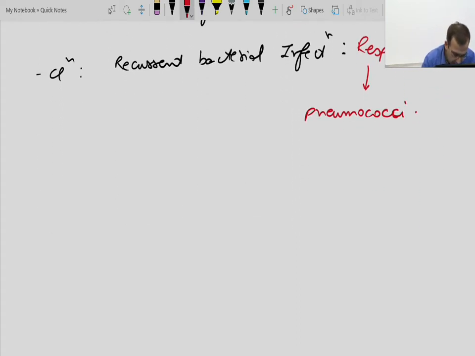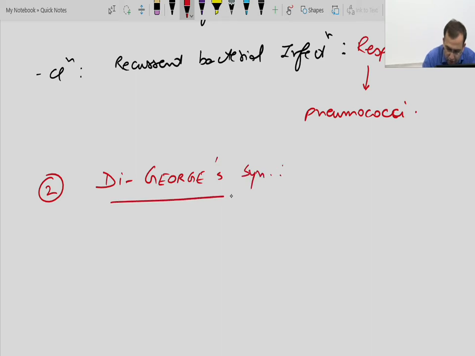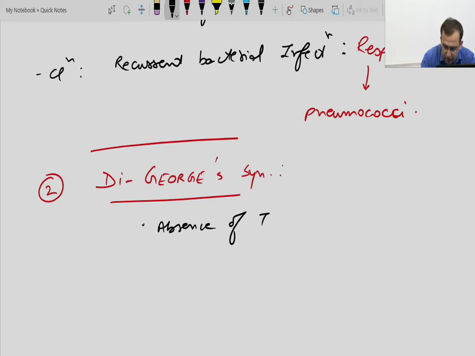So this gets us to the next congenital immunodeficiency, that is DiGeorge syndrome. Again, extremely important. This is a congenital immunodeficiency associated with absence of T cells. So this is opposite of Bruton's agammaglobulinemia. This is of the T cells.